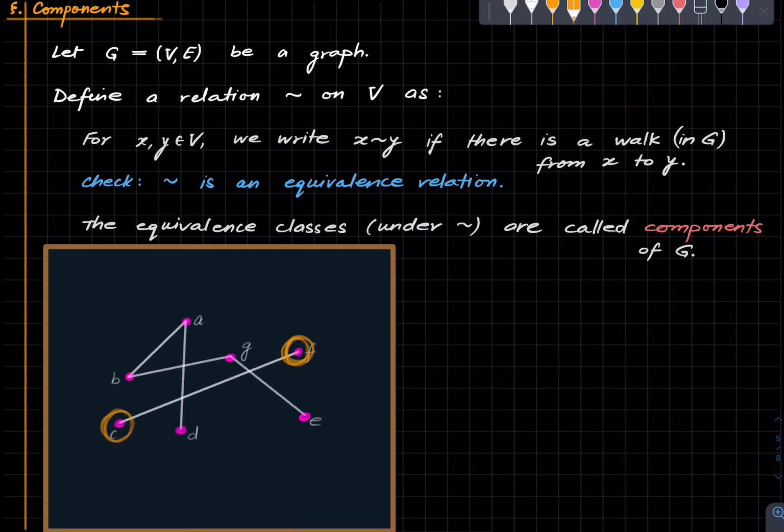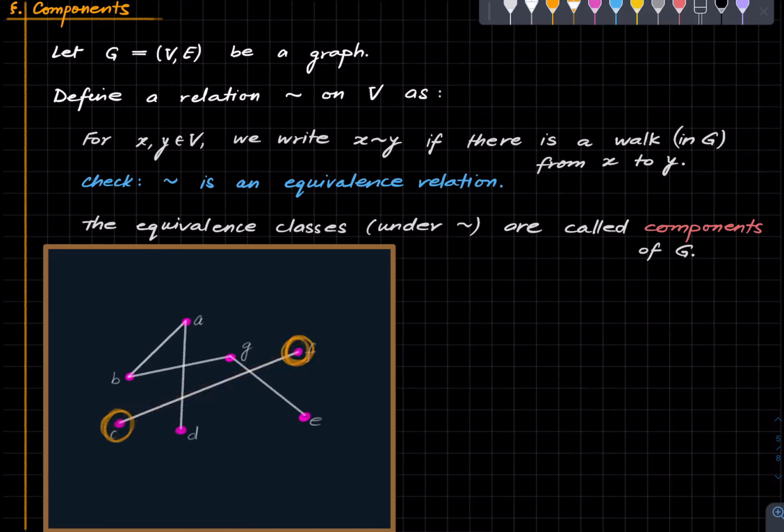But when we really want to talk about a component, we are not just talking about a set of vertices. We are talking about an entire graph. So which graph? You have these two vertices and now ask, is this edge present in the original graph? It is. So the component which comprises these two vertices is the graph which has this edge and is residing on these two vertices.